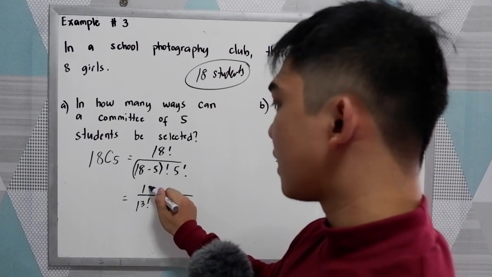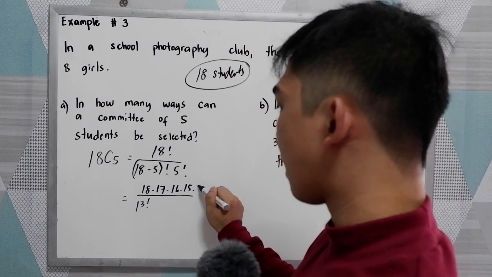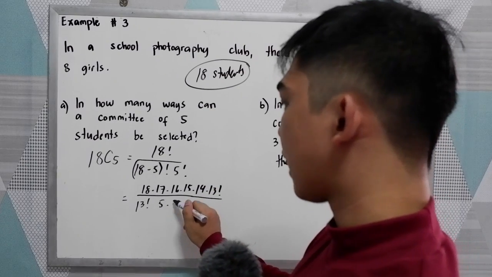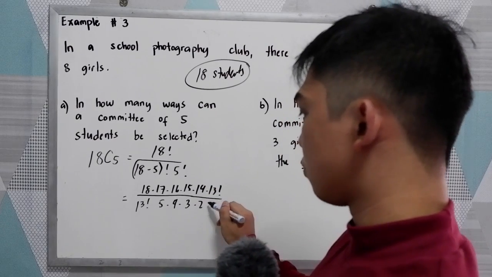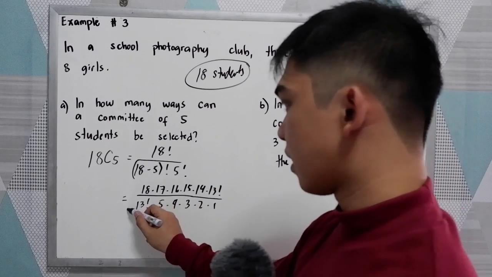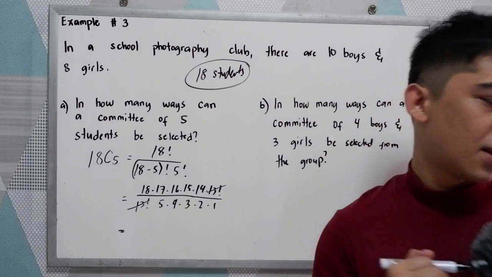Then we have 18 times 17 times 16 times 15 times 14 times 13 factorial, all over 5 times 4 times 3 times 2 times 1. That is the 5 factorial. Now we can cancel 13 factorial and 13 factorial. Then use the cancellation method.